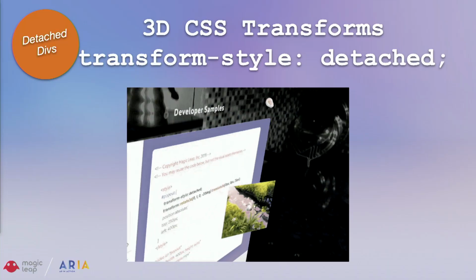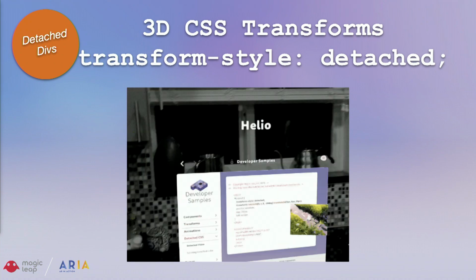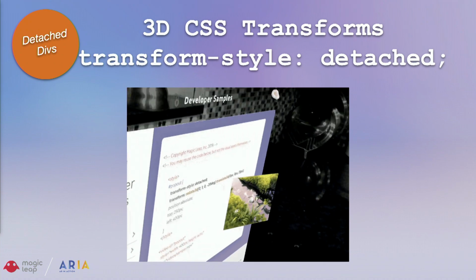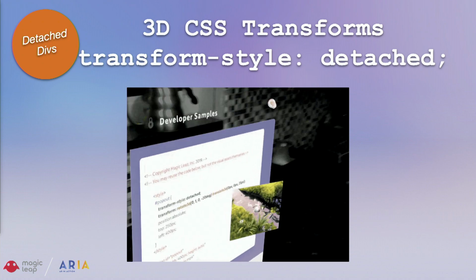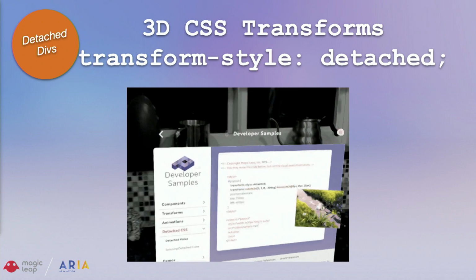I don't know how many of you guys are web developers, but there already exists a CSS API that lets you place HTML elements in 3D space. But what happens on a flat screen is those get placed in 3D space, and then they get flattened back to the screen. So the experience ends up being flat again.